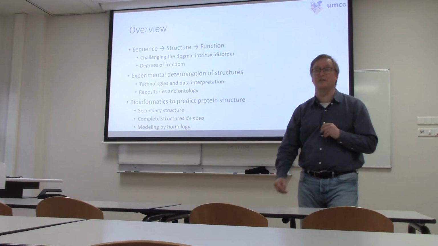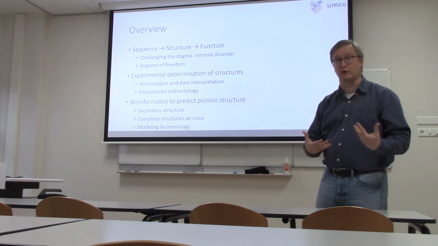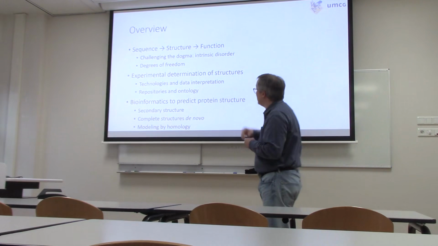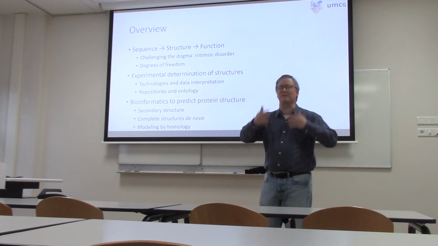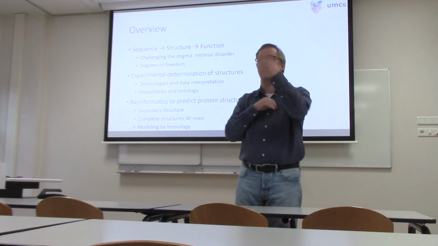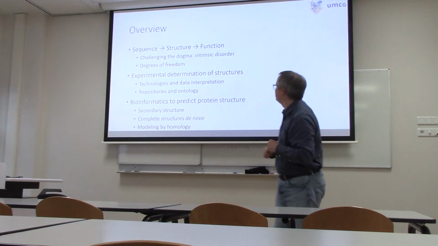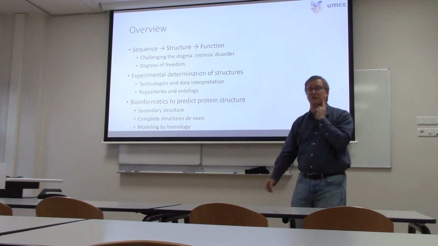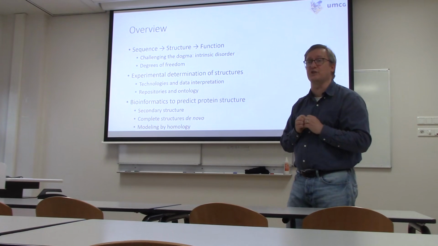That would be the ideas about the intrinsically disordered proteins. And we're also going to talk a little bit about degrees of freedom in what kinds of structures are possible for a given sequence. From there, we're going to move on to talk about experimental determination of structures.